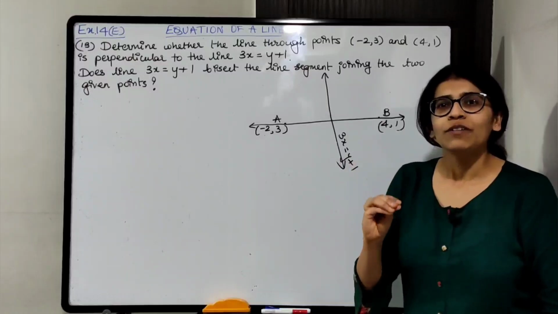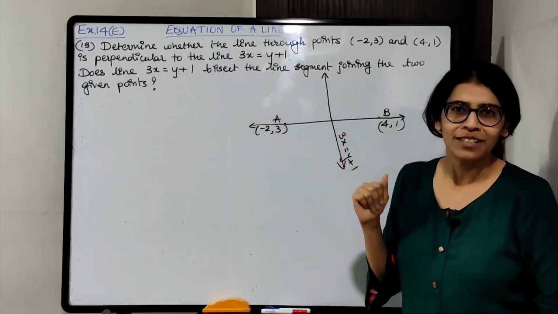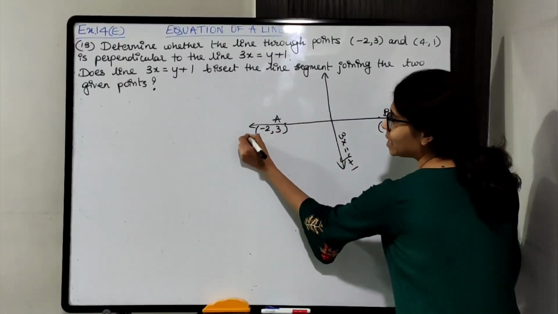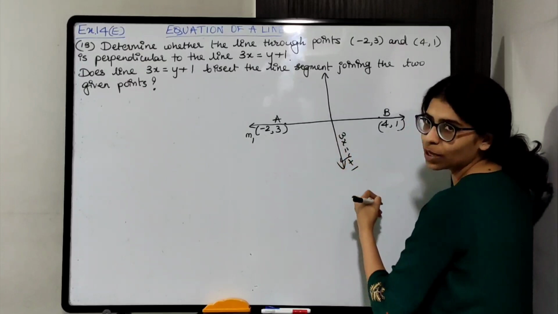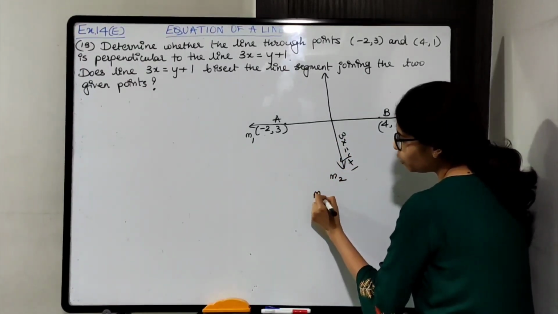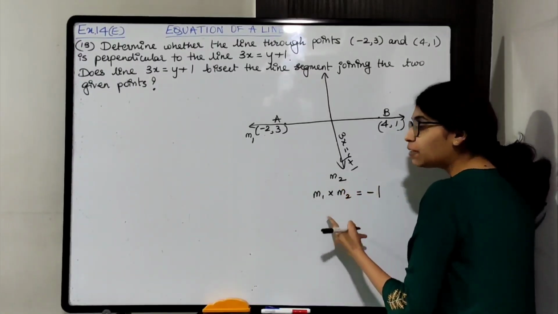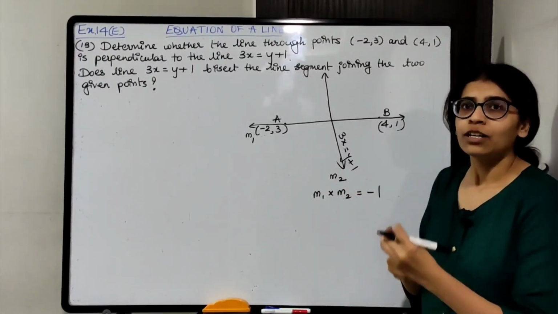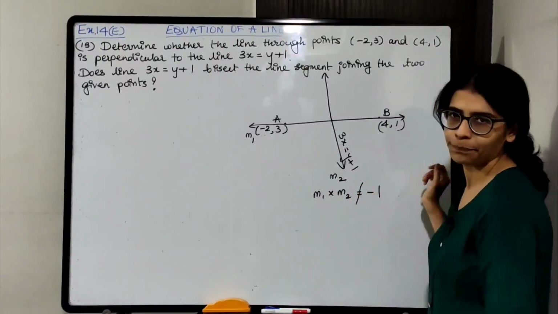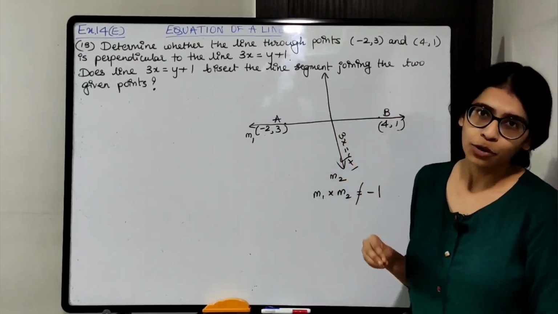Now we know if two lines are perpendicular, then the product of the slopes is equal to minus 1, hai na. To AB ka jo slope hoga, let's say it is m1, and 3x equals y plus 1 ka jo slope hoga, let it be m2. m1 into m2 will be equal to minus 1 if they are perpendicular. If they are not perpendicular, it will not be equal to minus 1. To phir nahi hoga.